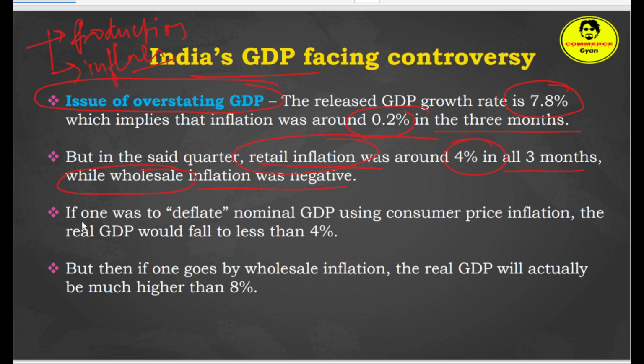If one deflates nominal GDP using consumer price inflation, the real GDP would fall less than 4%, right? But if one goes by wholesale inflation, the real GDP will actually be much higher than 8%, right? So if we use wholesale inflation, then real GDP will actually be much higher, that is, more than 8%.